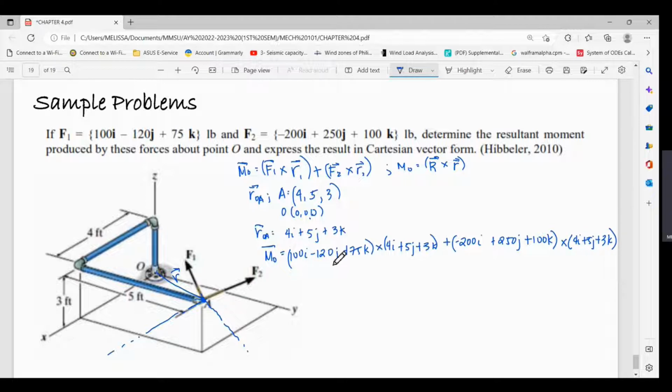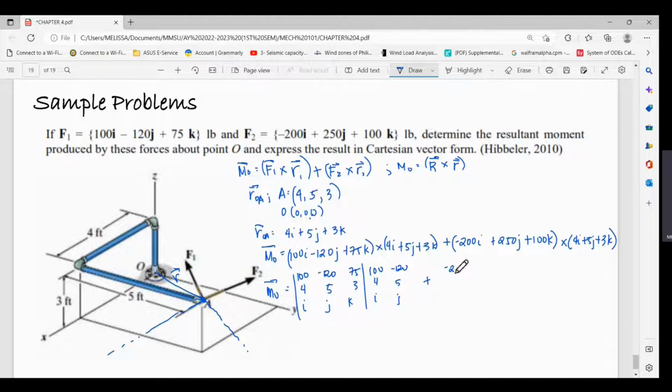Na? So, dito, apply nyo natin yung basket rule. 75. Tapos ito, we have 4. Ay, sorry. 4 lang pala. 4. Tapos 5. 3, and then we have I, J, K. Basket rule, we have 104 I, negative 125 J, plus, ito naman, yung basket rule natin, ito dalawang to.